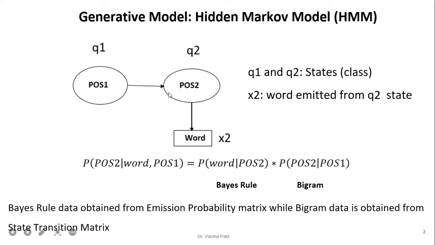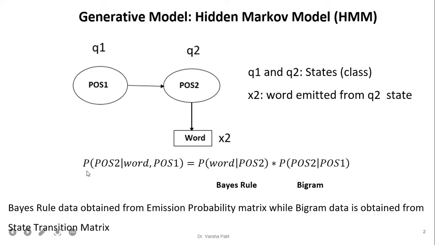Now when we use the hidden Markov model, we are using the concept of bigram as well as Bayes rule. When we take the state transition between these two states, Q1 and Q2, we are using the bigram because we are taking the history of the previous part of speech tag, and here we are using the emission matrix.